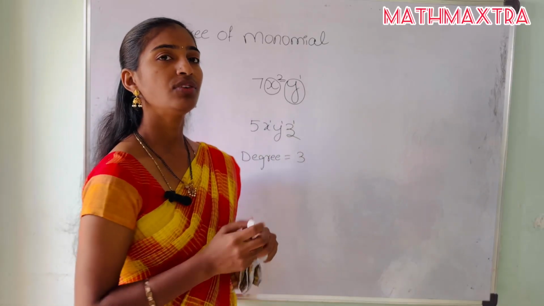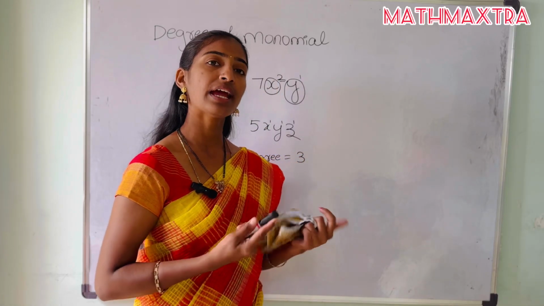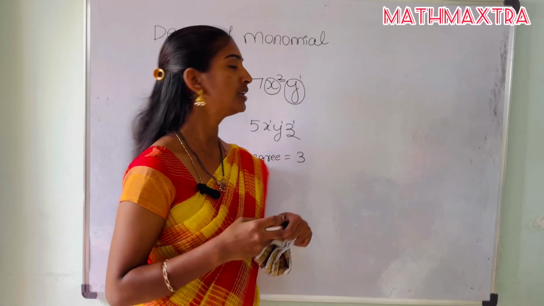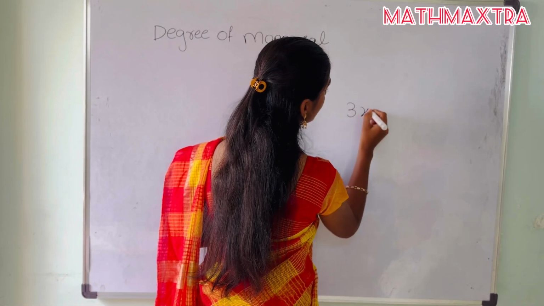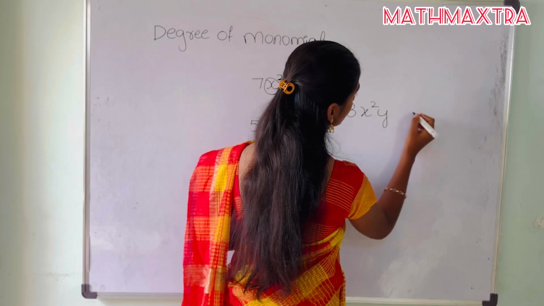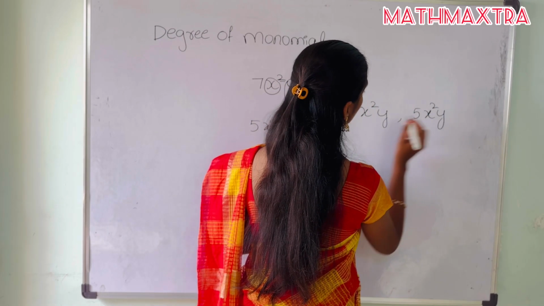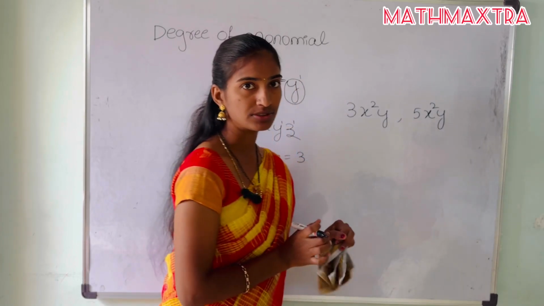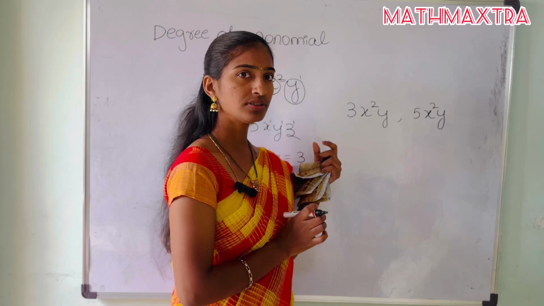Okay, tell me, if you take two like terms, whether they have the same degree or not. So I am taking 3x square y and 5x square y. These two are like terms. So do they have the same degree or not?